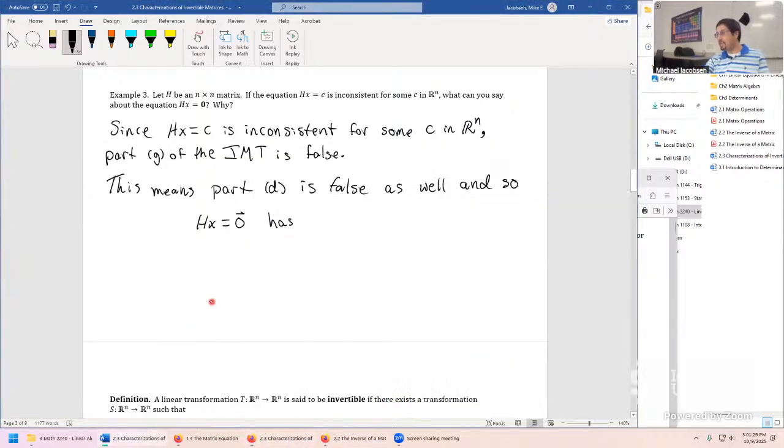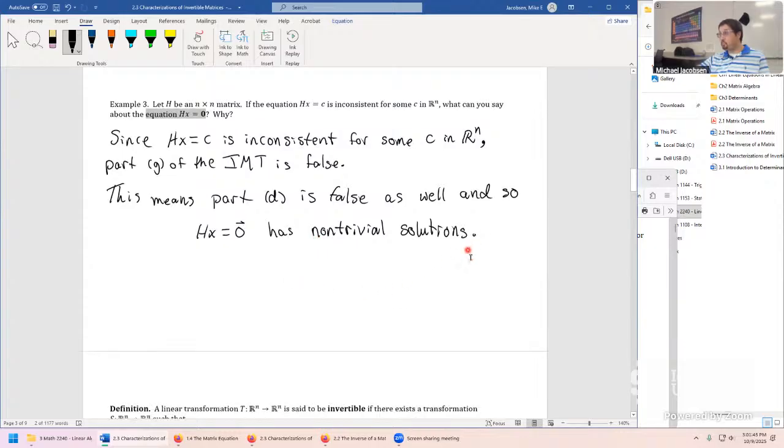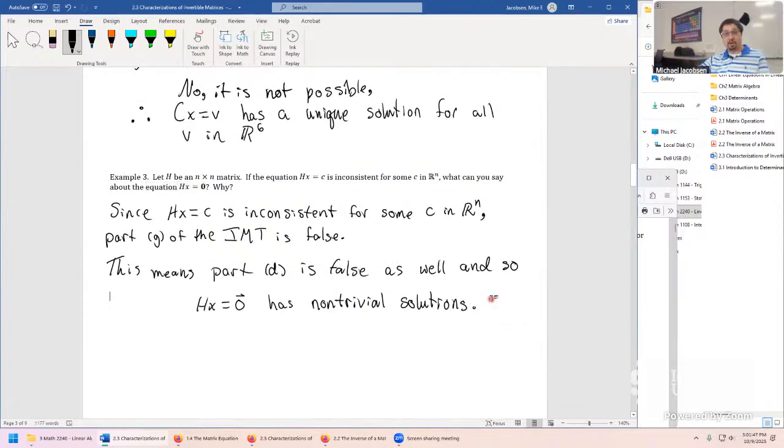Now this means it has non-trivial solutions. We could have said a whole bunch more, but it was asking us directly just about the matrix equation here. So I think that'd be the response that we would have been going for on that kind of problem.